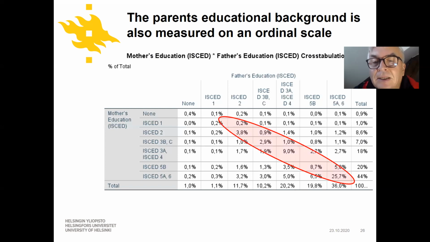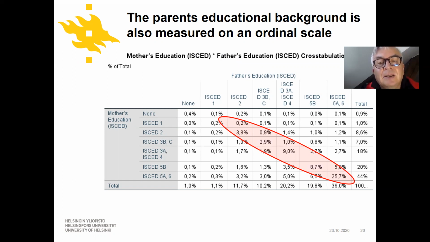And what else can we see? Well, we can see that because they are both skewed, they're kind of top heavy. So the highest education is most frequently represented in the Nordic countries, both for the fathers and the mothers. But what does this mean?